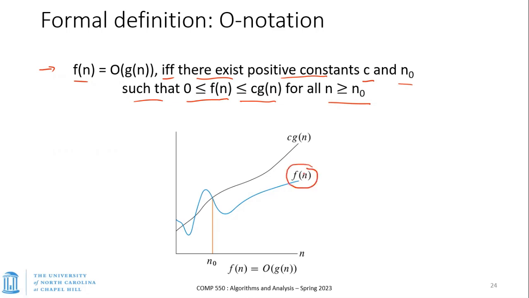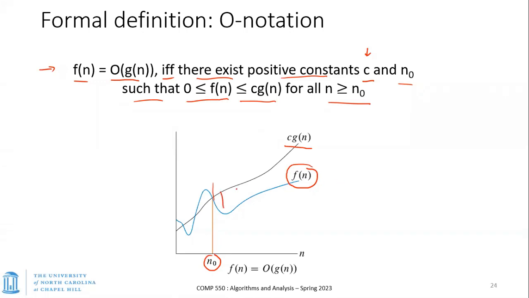We're saying that the upper bound would be g of n if a positive constant c existed, such that if you scale g of n by c, then for all values of n greater than n naught, you can see that n naught is over here where it crosses over, c times g of n would be equal to or greater than f of n.